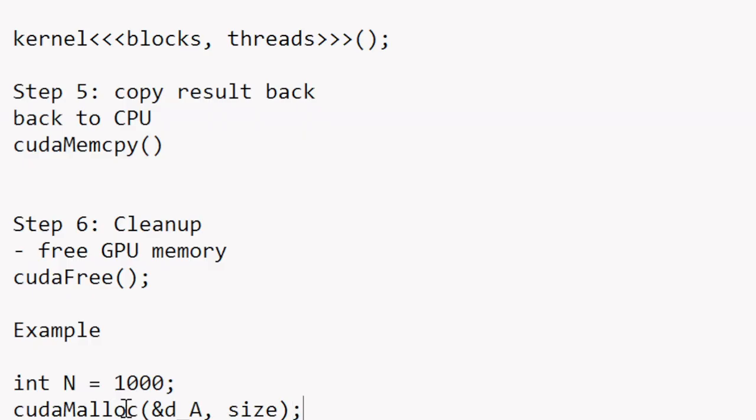So this is the address of the array in the GPU, the address of the host element of the GPU array, and then you allocate memory.